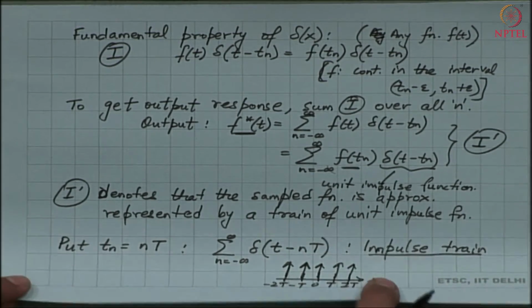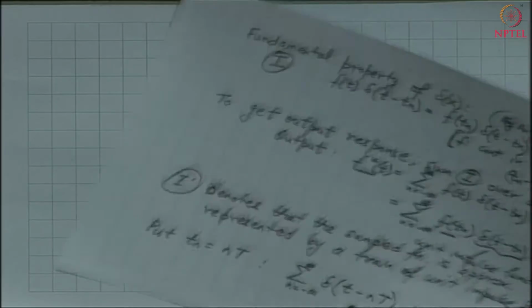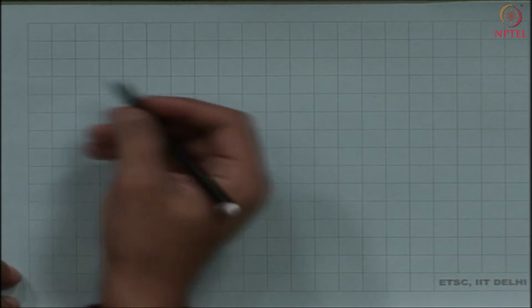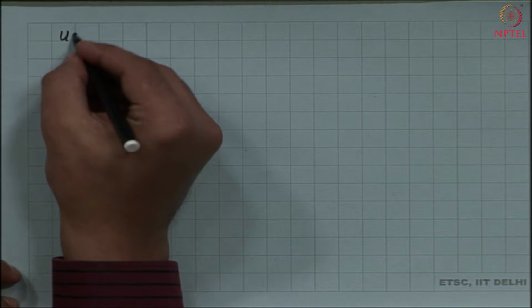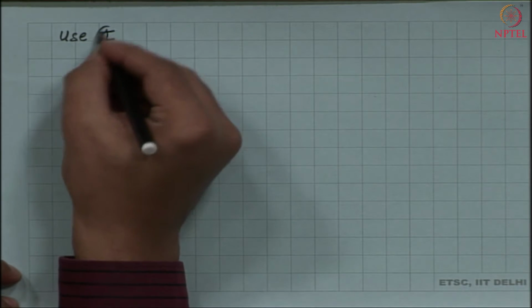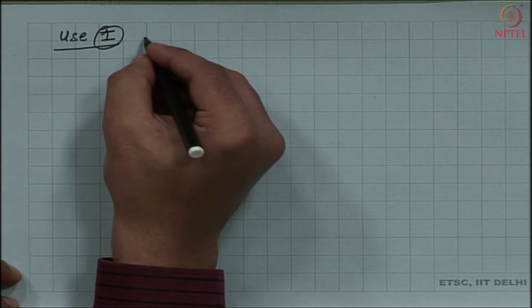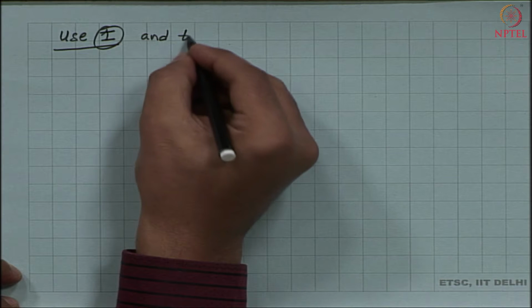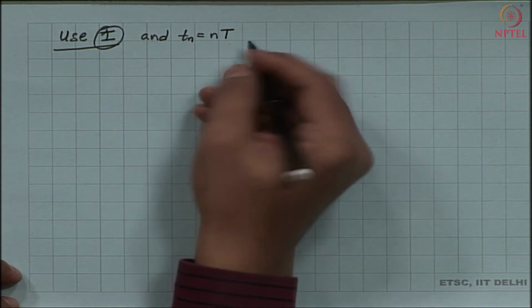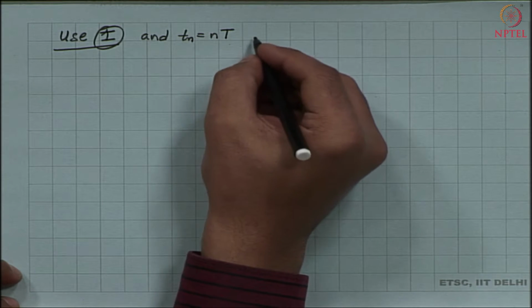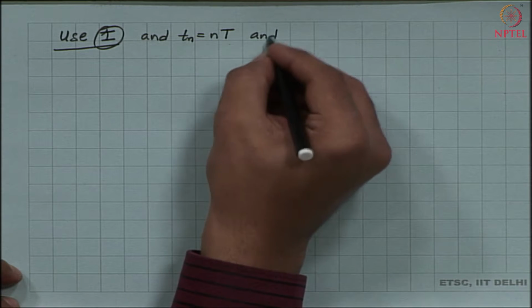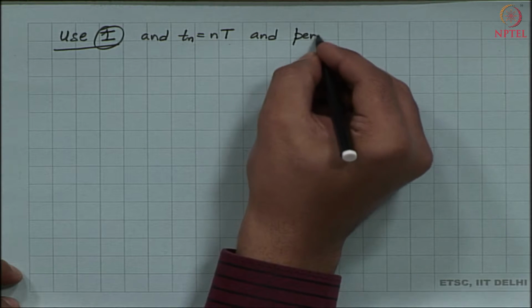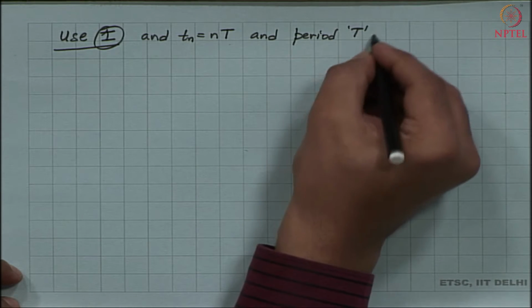Moving on, I am again going to use 1 and the fact that my time points t n are equally spaced, and also that my period T is small.